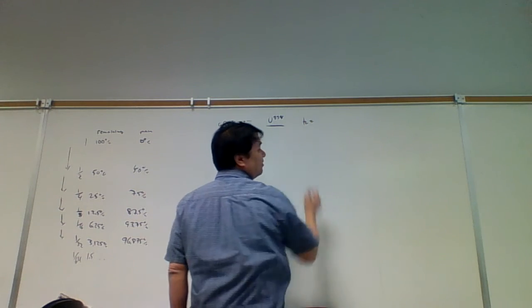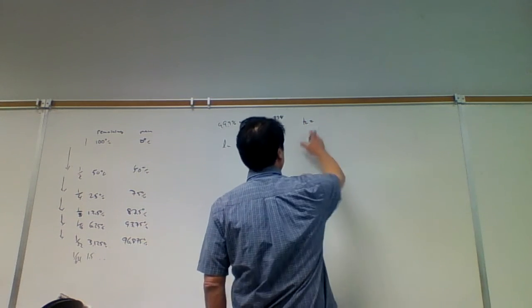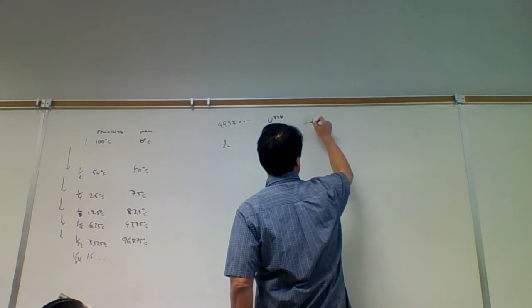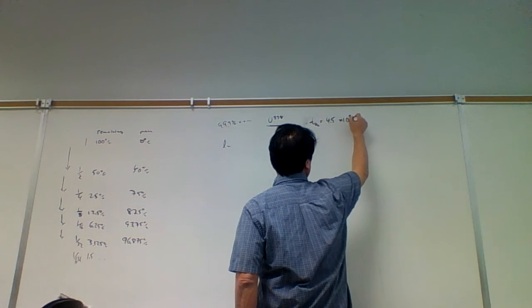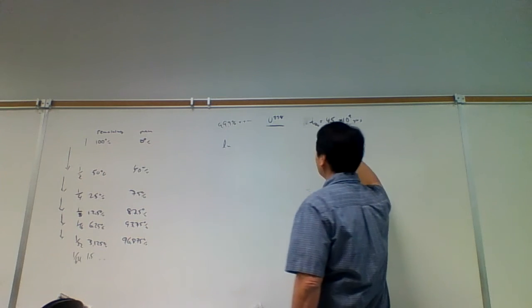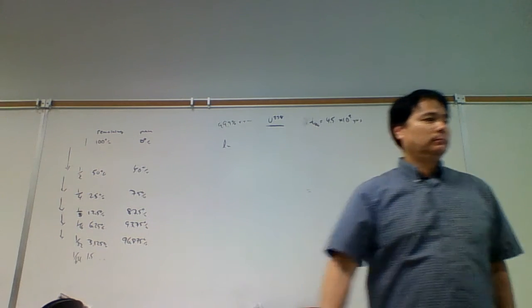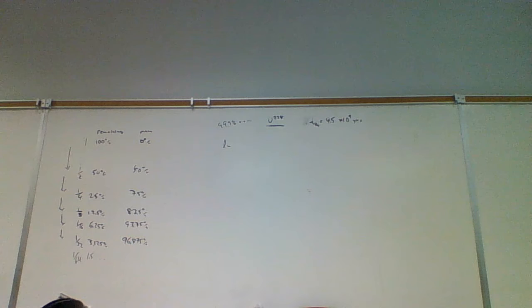Well, the k value for this, well, actually, we don't know the k value. We know the t1/2. The t1/2 for this is 4.51 times 10 to the 9th years.